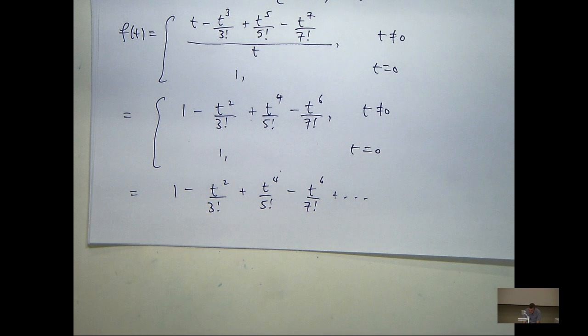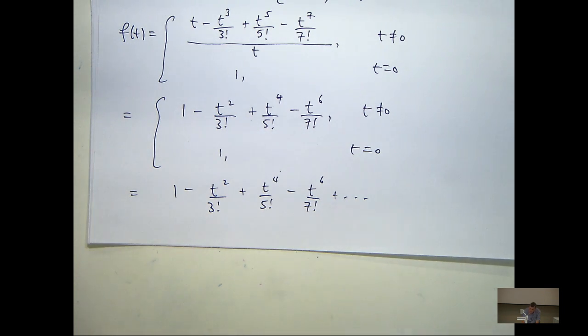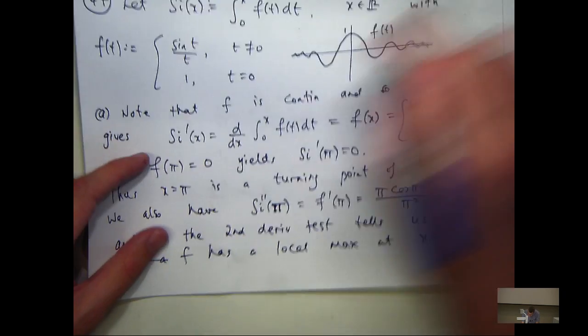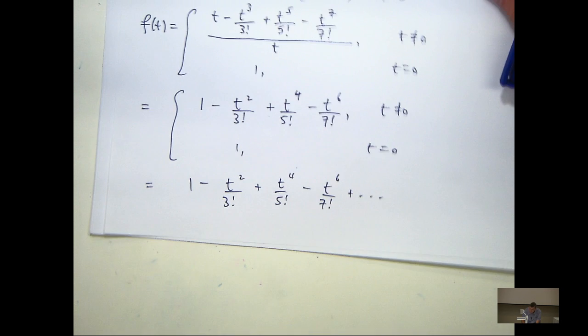However, we want the power series expansion for psi of x, not for f of t. So what we're going to do is just integrate. So we've got to go back to our definition. We're going to put our power series in there and just integrate it from 0 to x.